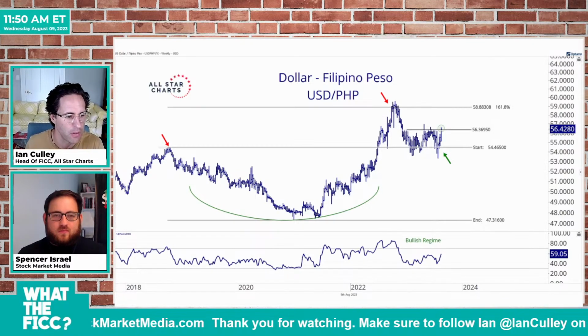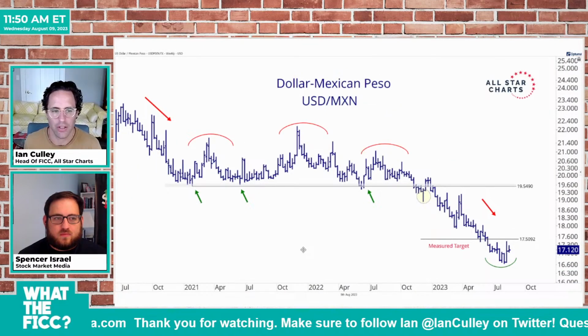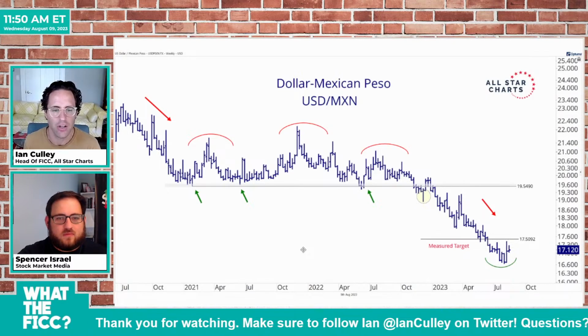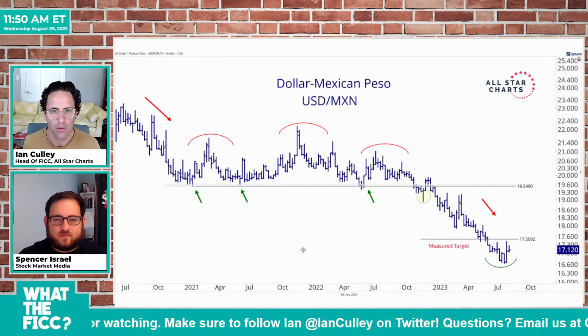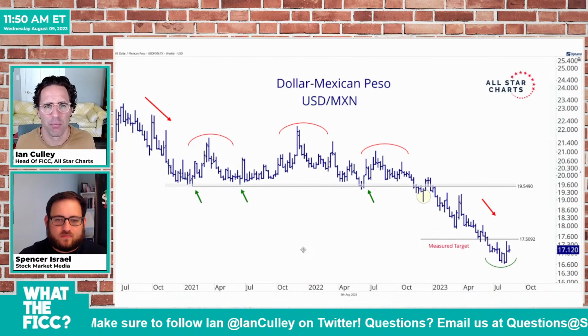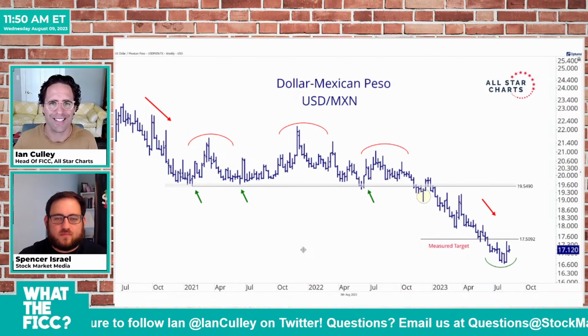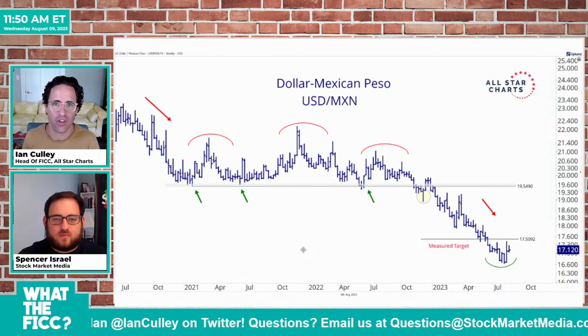For instance, the Mexican peso. It's hard to find any currency in the world that was as strong as the Mexican peso last year. The British pound was retesting its all-time lows. It went back and retested its all-time lows.